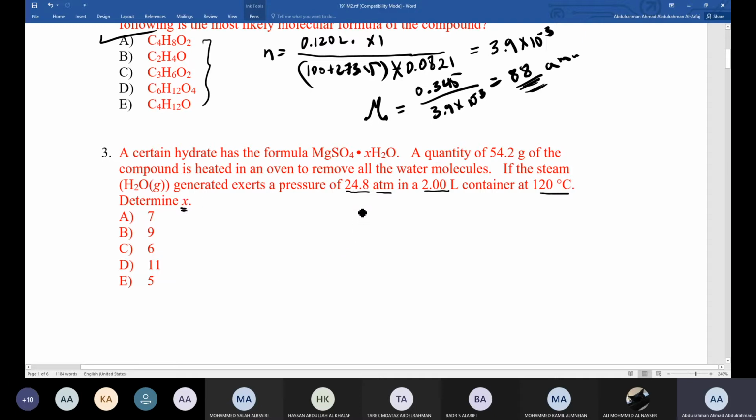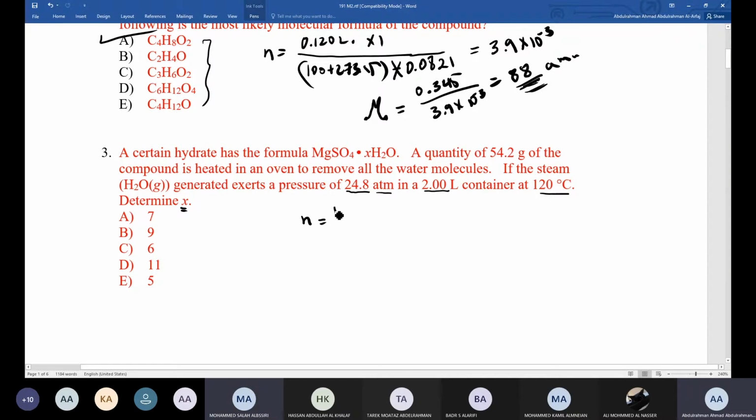Again, what are you going to calculate? The first thing, number of moles, N, which is equal to what? PV over RT.